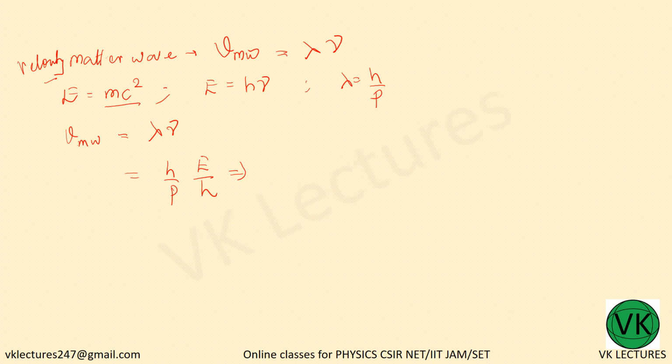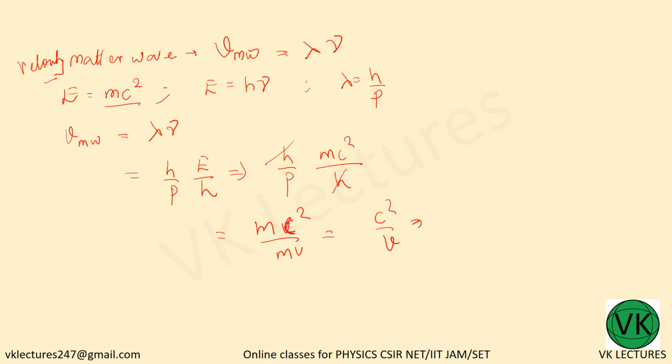So h by p, mc square divided by h. And what is this p? P is nothing but mv. So we can write it as h and h get cancelled. mc square divided by mv. Momentum is mv. So that is equal to c square divided by v.